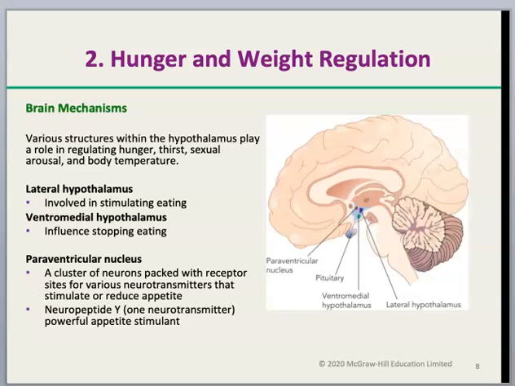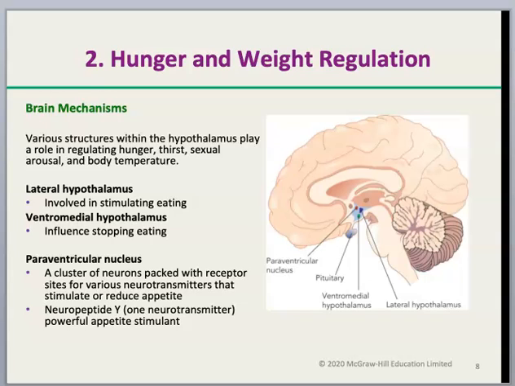We're going to talk about the lateral hypothalamus and the ventromedial hypothalamus, and then the other area that's considered important is the paraventricular nucleus. The lateral hypothalamus is involved in stimulating eating, where the ventromedial hypothalamus is influential in stopping eating.